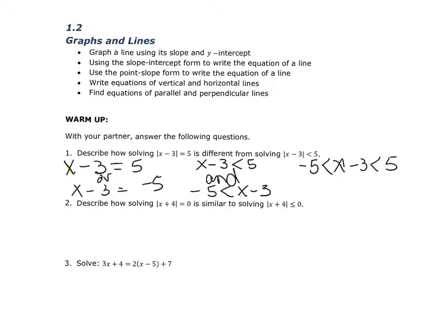So on this one, I would write x plus 4 is equal to 0, and I would solve. And I have x plus 4 is less than or equal to 0, and I would solve. I wouldn't need to do two of them.